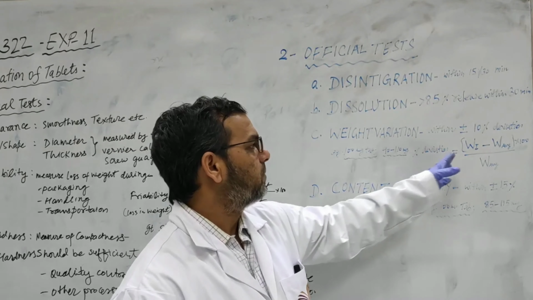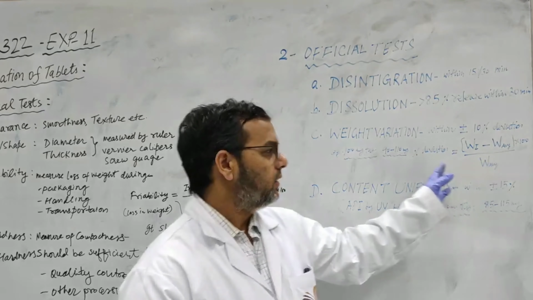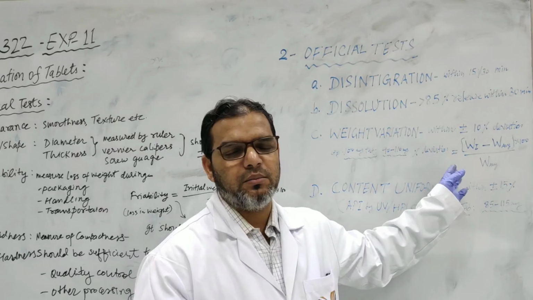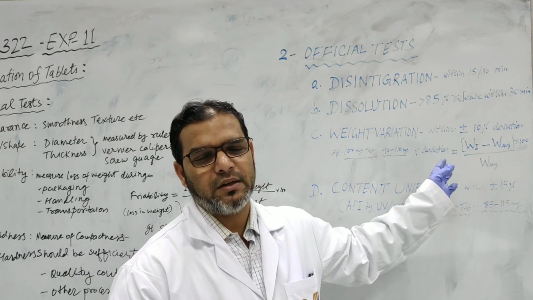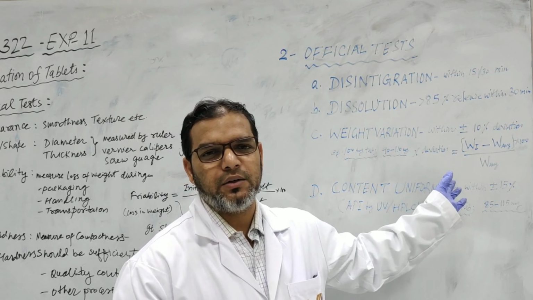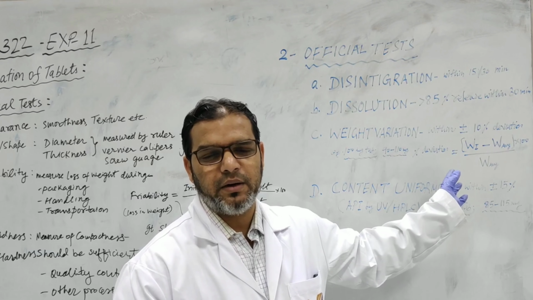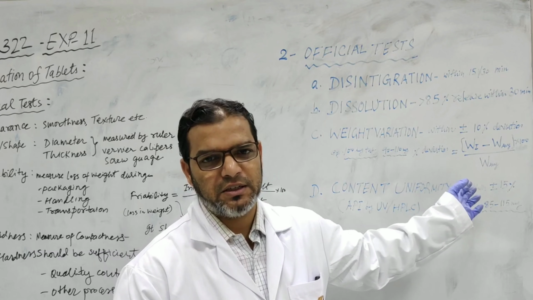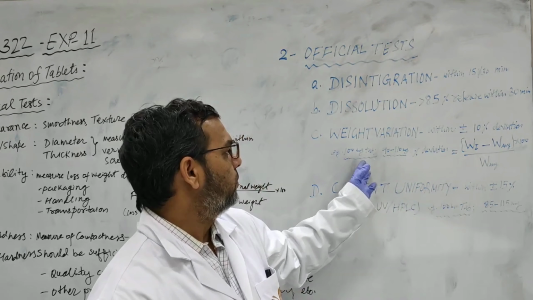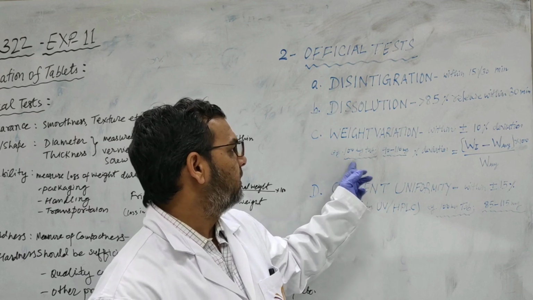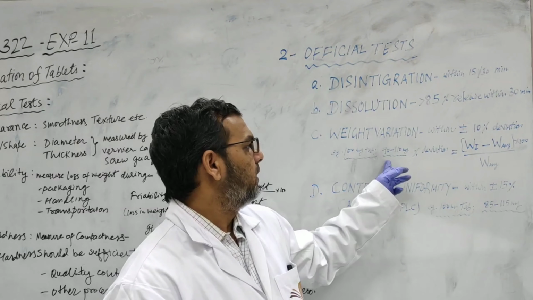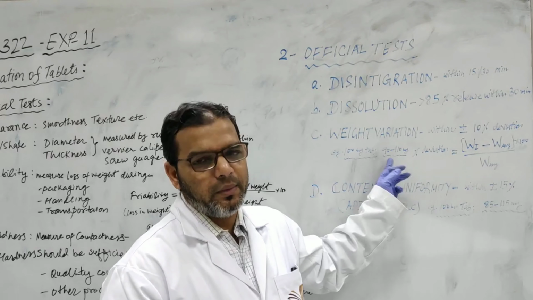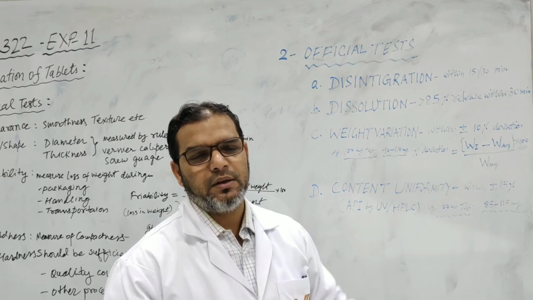So plus minus 10% is actually allowed, and there are even higher percentages based on the size of the tablet. For a smaller tablet you have more flexibility, more deviation is allowed. For a larger tablet, less deviation is allowed, like 5% or 7.5%. So for example, if you have a 100 milligram tablet, a 90 milligram tablet up to a 110 milligram tablet is okay.